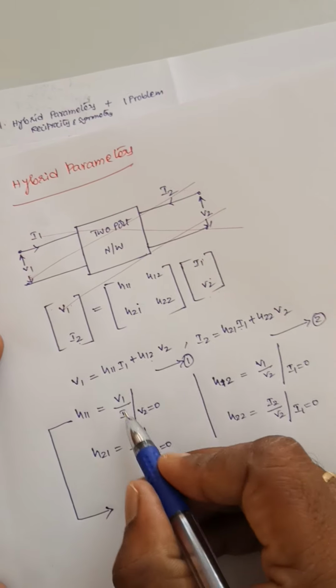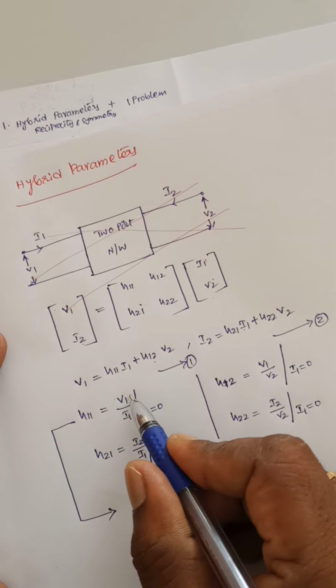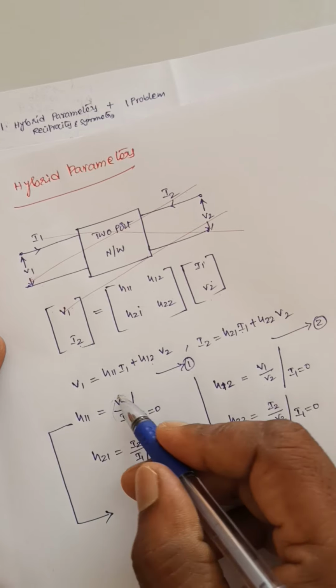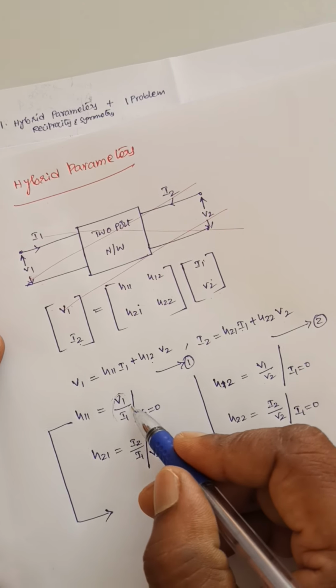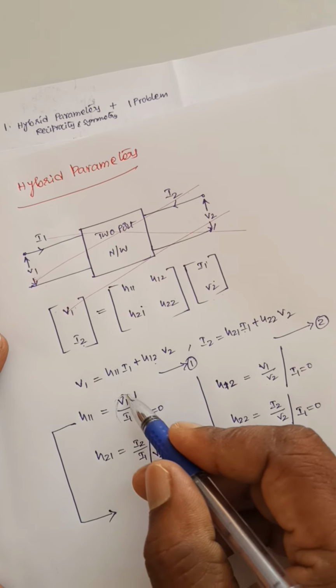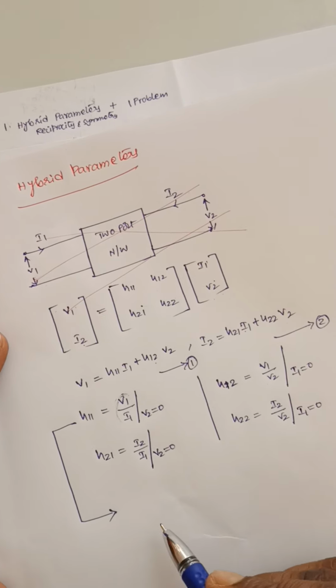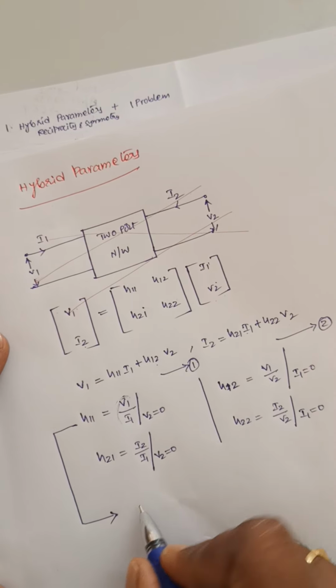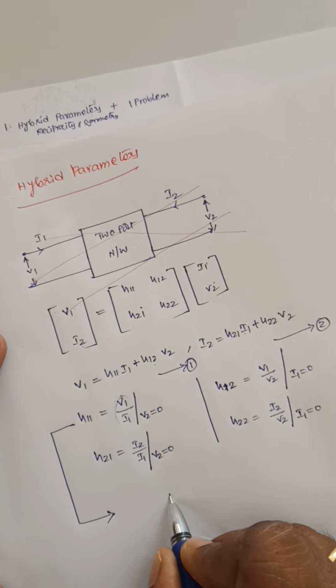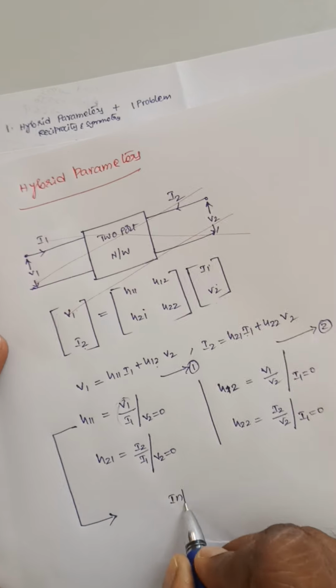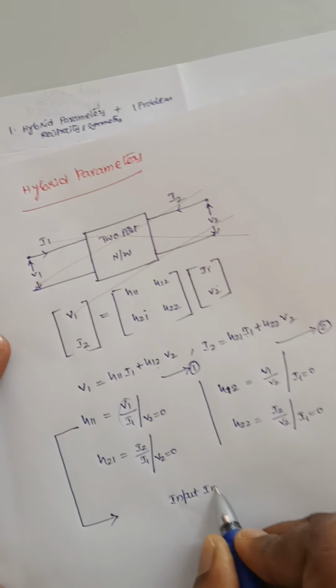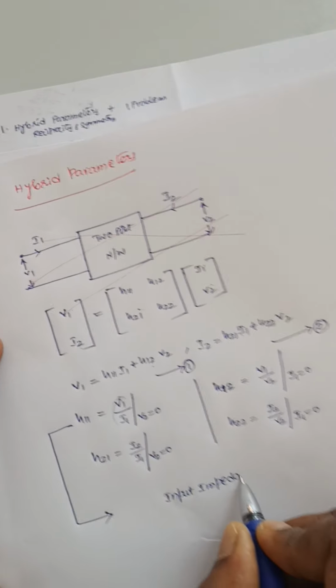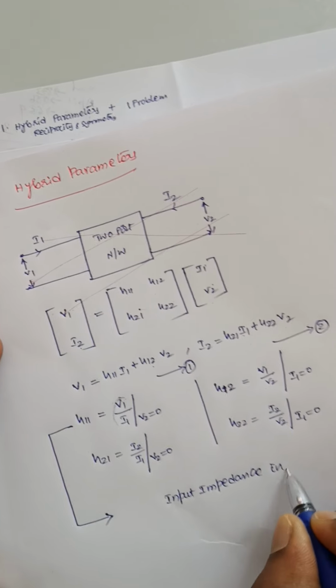Here this H11 is nothing but impedance, that too it is input impedance. These parameters are associated with input. So this is the input impedance in ohms.